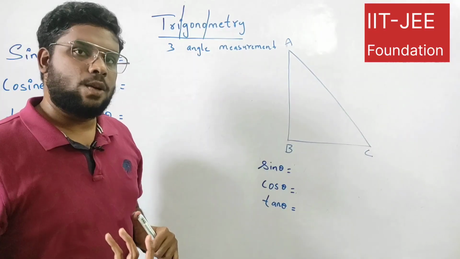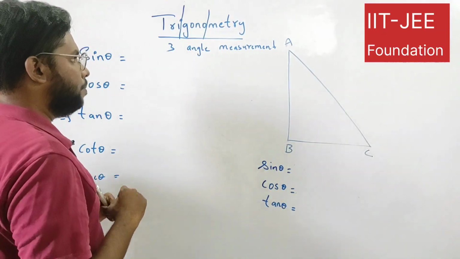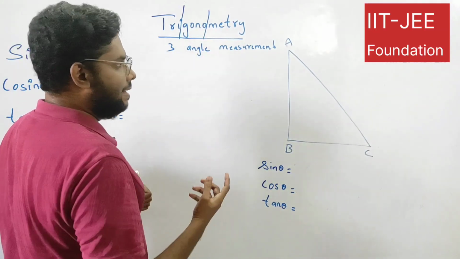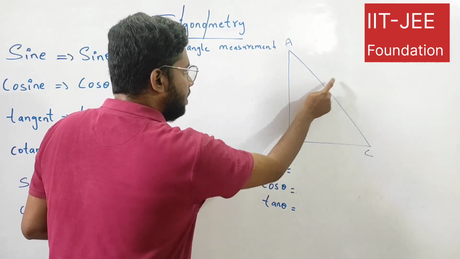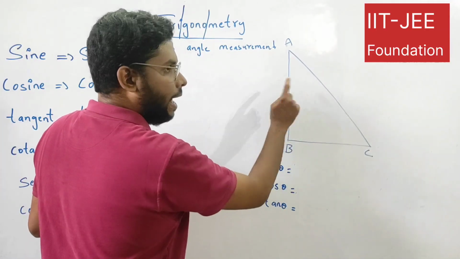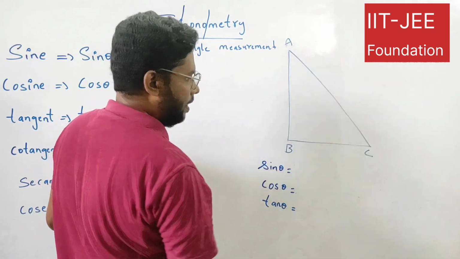So now what is trigonometry? Trigonometry is the branch of mathematics that deals with the study of angles, sides, and the relationship between angles and sides in a triangle.